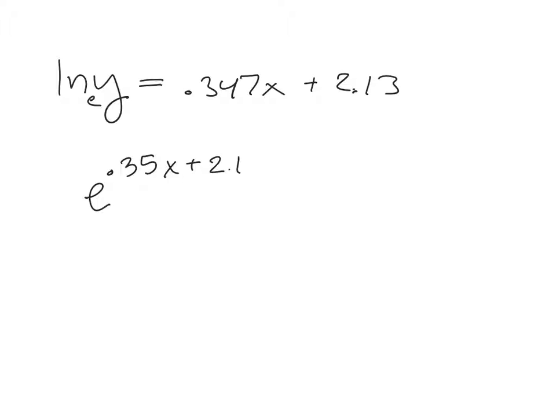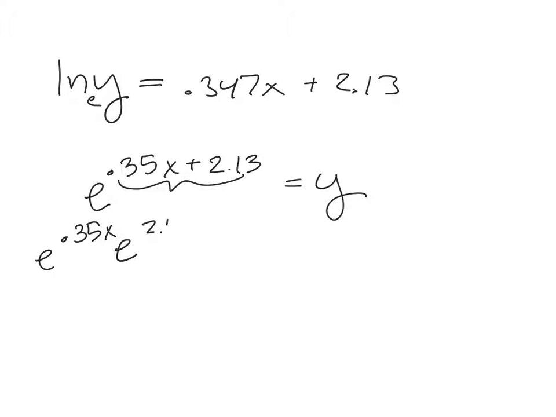plus 2.13 equals y. We dealt with this a few sections ago, but let's remember when I add the exponent, that means I'm multiplying, 0.35x times e to the 2.13, which really is e to the 0.35 raised to the x, e to the 2.13.